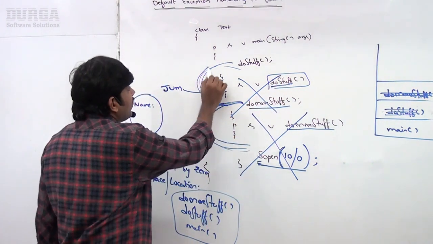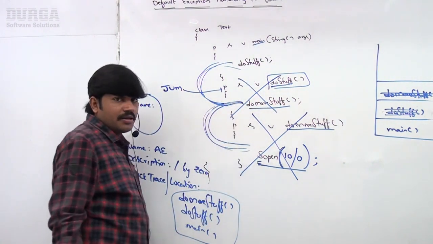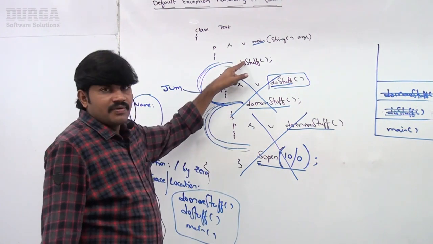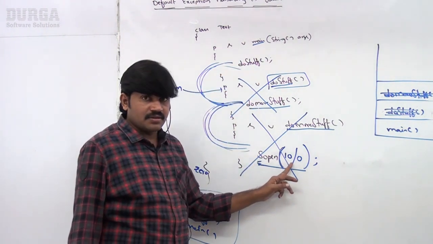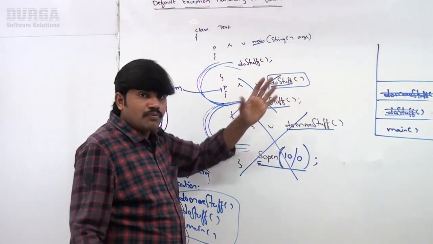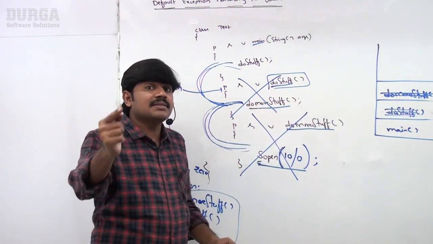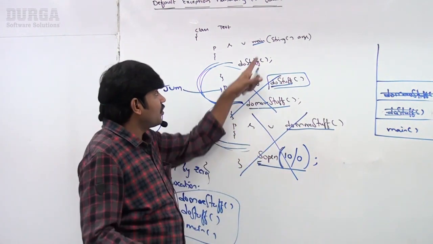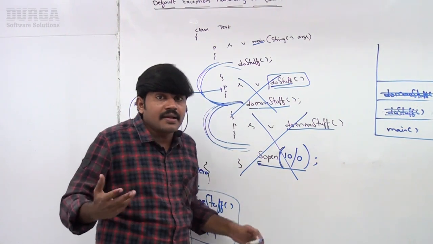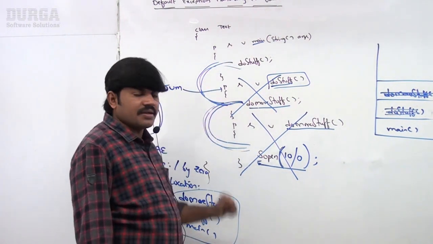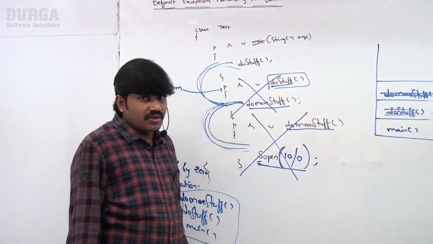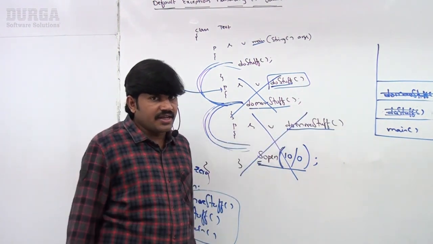Immediately JVM will ask main method. Hey main, you are calling do stuff. Do stuff calls do more stuff. Do more stuff raises some exception. Sir, do more stuff and do stuff both not handle. As a caller, you are responsible to handle. Where is the handling code? Like JVM will ask main method, right? Then immediately main method is going to tell, no, I'm not having any handling code.